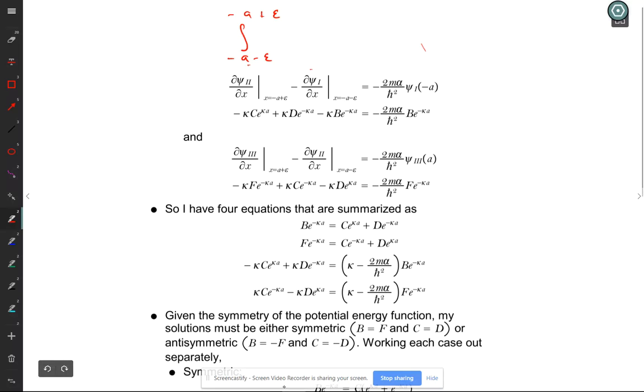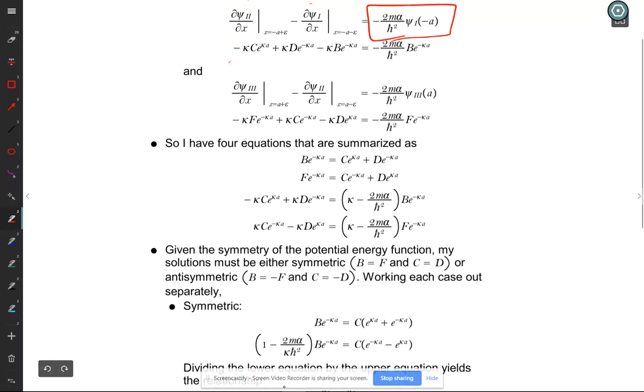And so that's why this is the first derivative at x equals minus a plus epsilon and at x equals minus a minus epsilon. And then this here was what we got from the rest of our work for integrating the Schrodinger equation. And so you can look back at the textbook if you don't remember that.